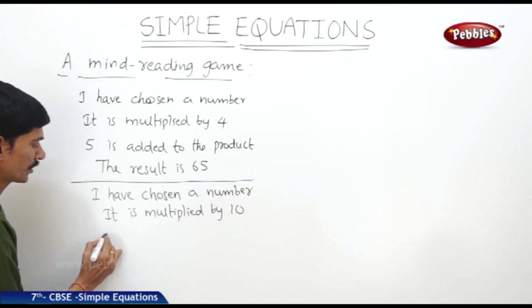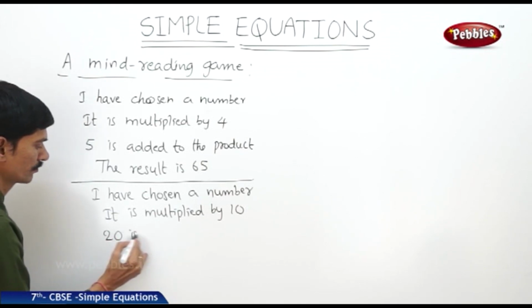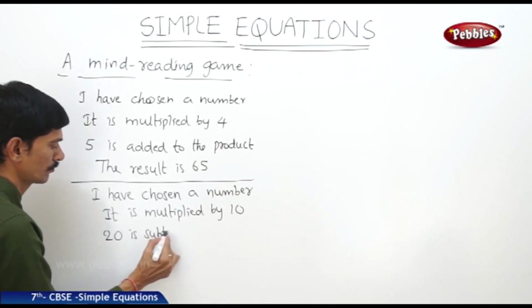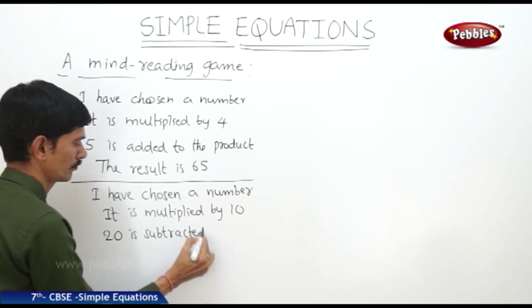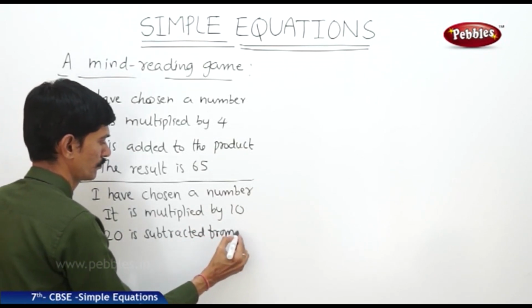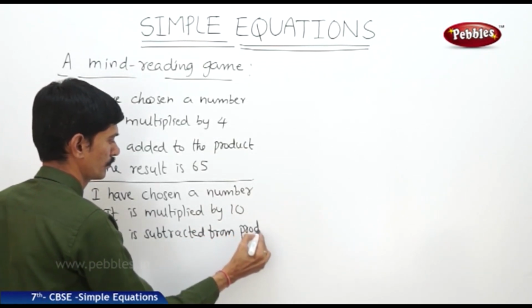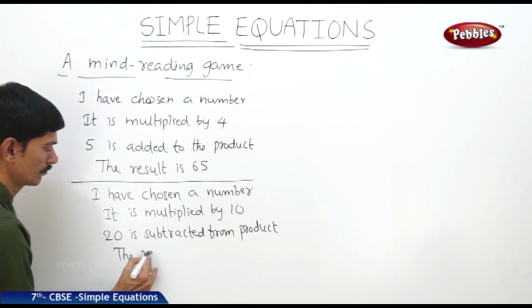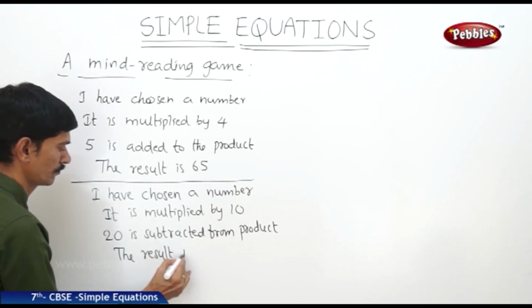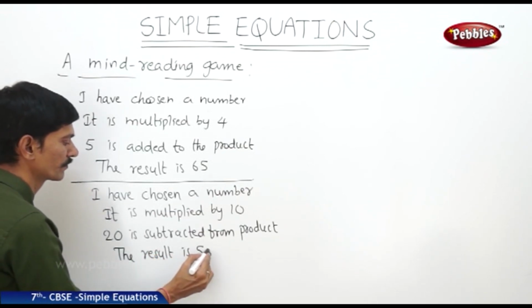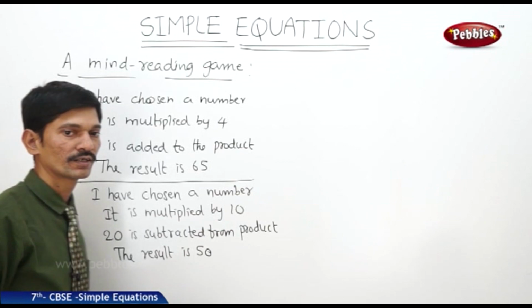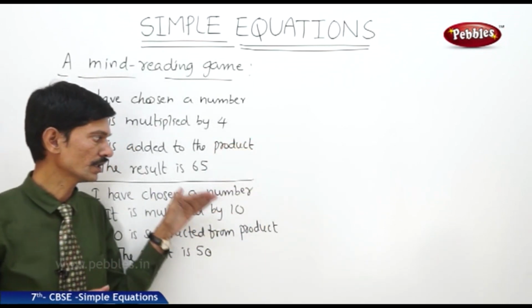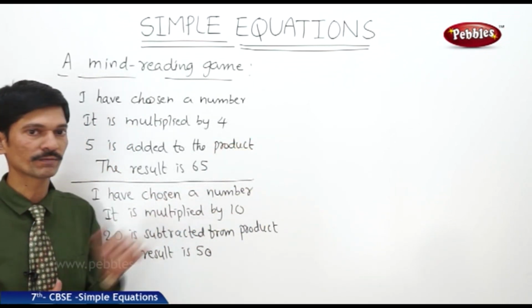And 20 is subtracted from the product. Then the result is 50. Now how to find the number which I have chosen in the beginning? So how to guess the number?